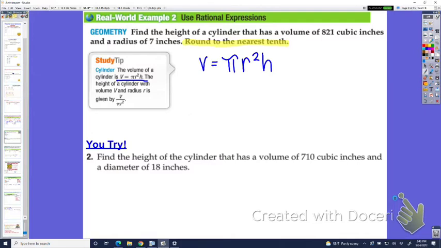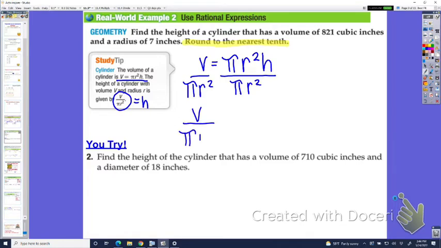So they're basically saying we can use this one and set it equal to h because we want to find the height. So you're kind of dividing by pi r squared. So we can use volume divided by pi r squared equals h when we calculate the height. So we know the volume is 821, so that goes in for v.